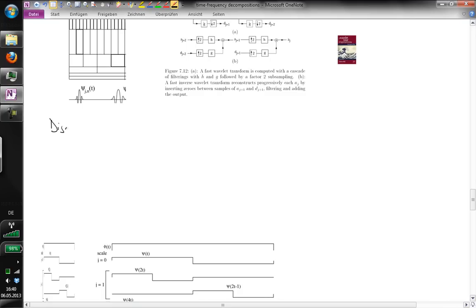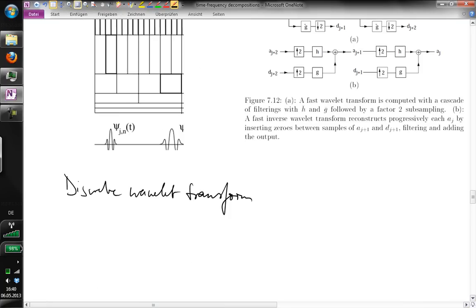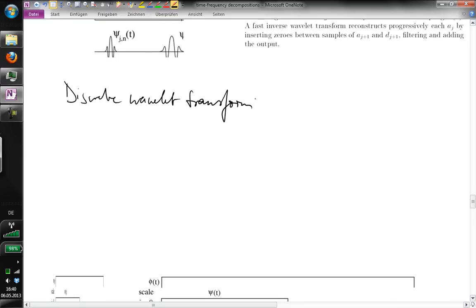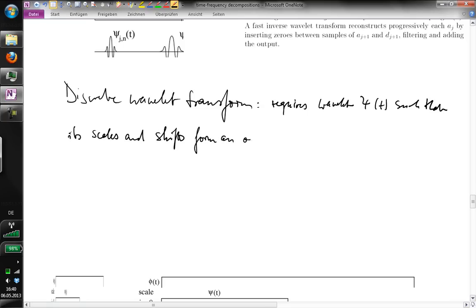The discrete wavelet transform requires a wavelet psi of t such that its scales and shifts form an orthonormal basis of the space of square integrable functions.